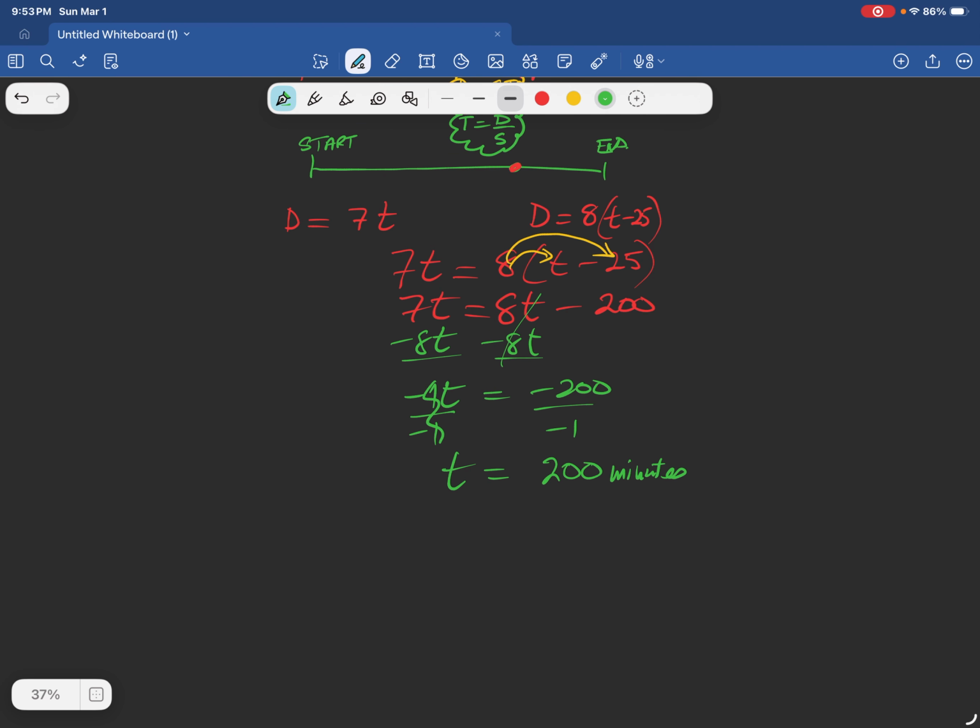The big catch is that we need to convert the minutes to hours. And if you have minutes to convert to hours, you simply divide by 60. Any number of minutes that you get, if you divide by 60, you get the number of hours. So if you have 120 minutes, you simply divide by 60 and you get 2 hours.